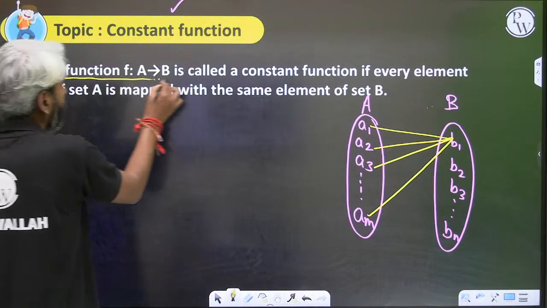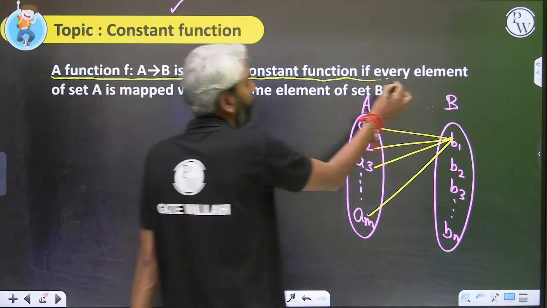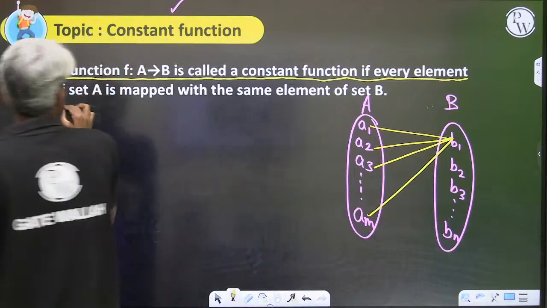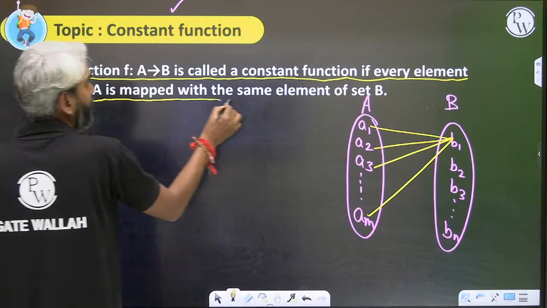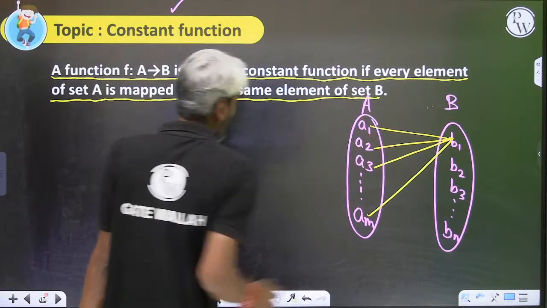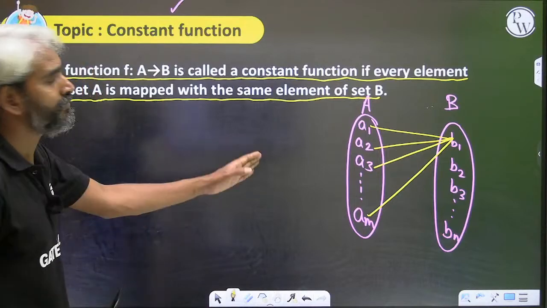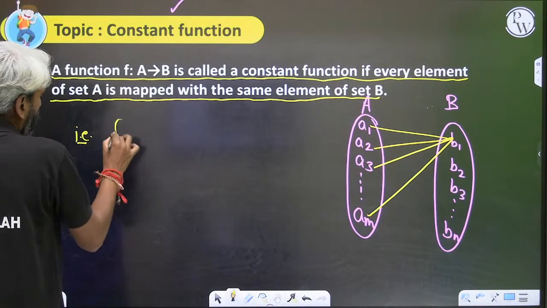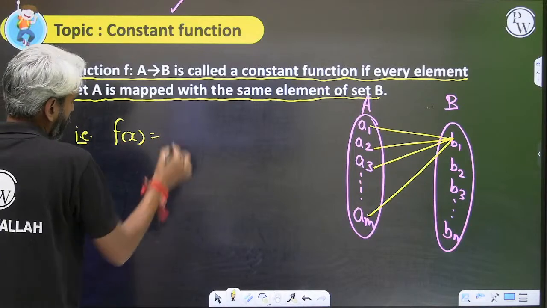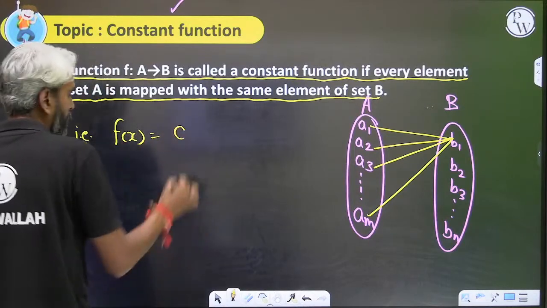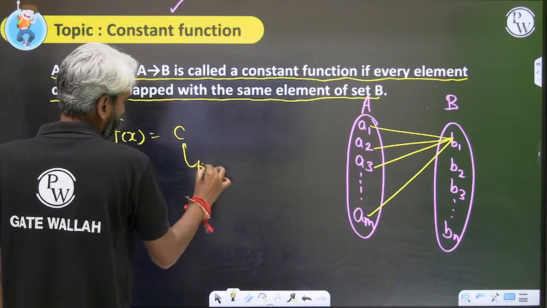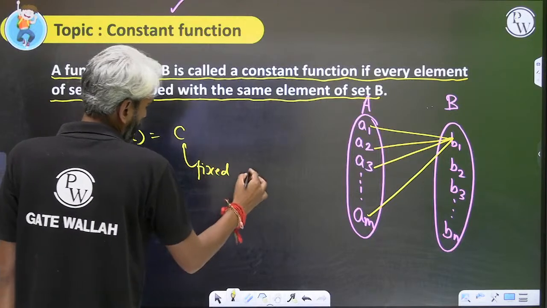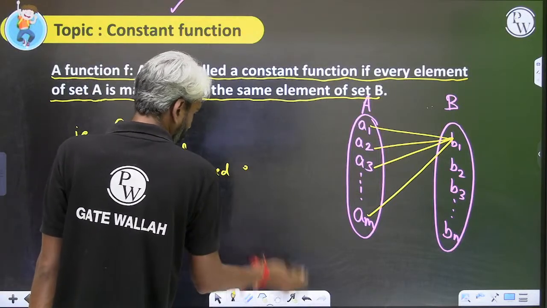A function f from A to B is called a constant function if every element of set A, that is the domain, is mapped with the same element of set B, that is the codomain. That is, f of x should be c, a fixed element.